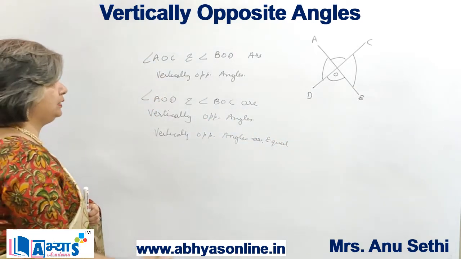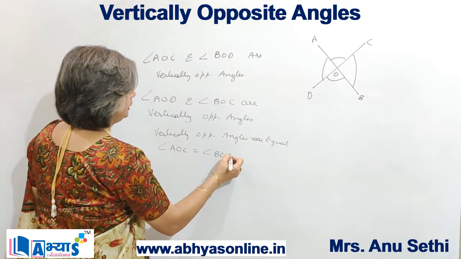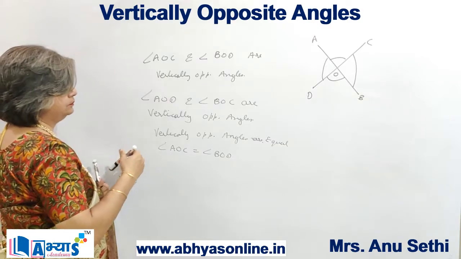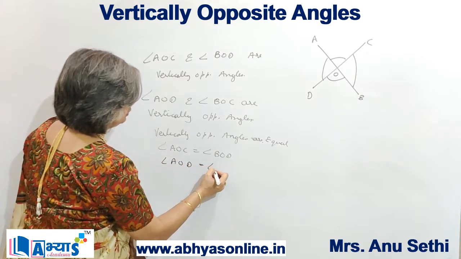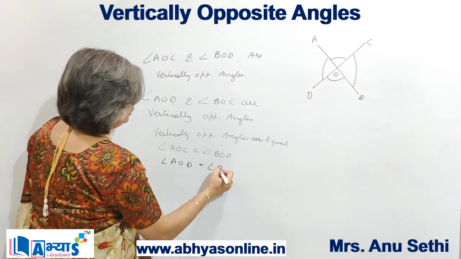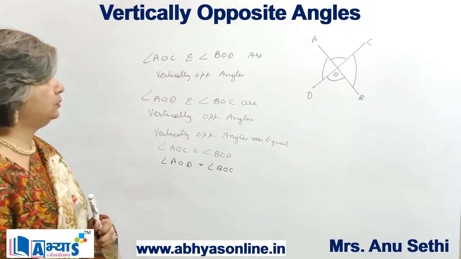So that means angle AOC is equal to angle BOD, and angle AOD is equal to angle BOC. As they are vertically opposite angles, they are equal.